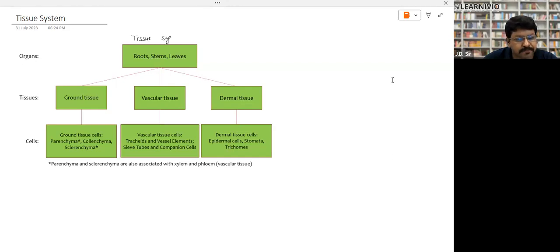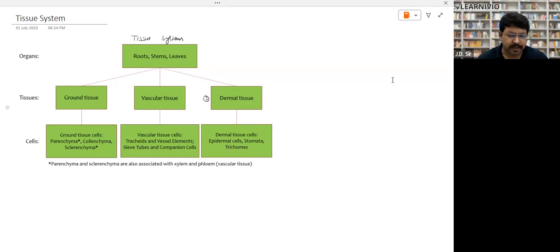We have categorized them to study in three categories: ground tissue, vascular tissue, and dermal tissue. Derma stands for skin, right? So those tissues which make the outer skin of the plant are called dermal. So first category is the dermal.